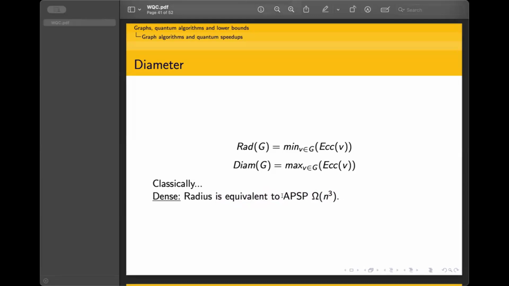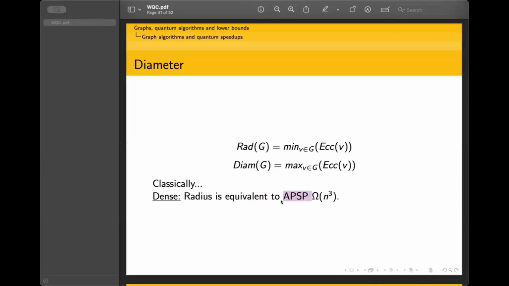You can solve all pairs shortest paths, and then as your output you have all shortest paths, and you can just search for the path with minimal length or maximal length, and then output diameter or radius. Okay, but there are smarter ways to go about it.